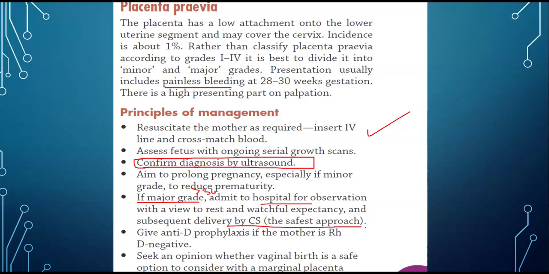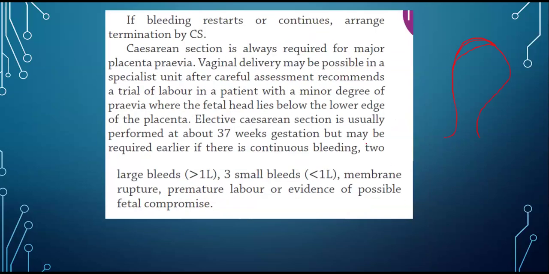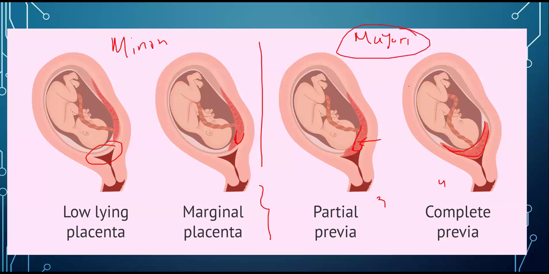Vaginal delivery is not indicated for major placenta previa because you understand that it will be very difficult for the baby to pass the placenta and descend downwards. So for grade 3 and 4, vaginal delivery is contraindicated. But for low-lying placenta, there is a possibility that the baby can go down.